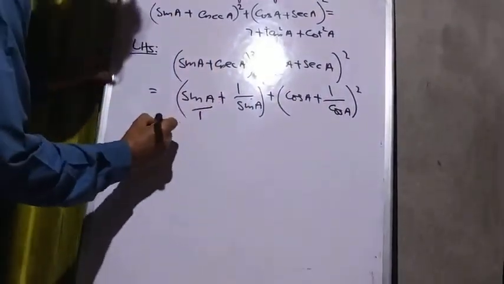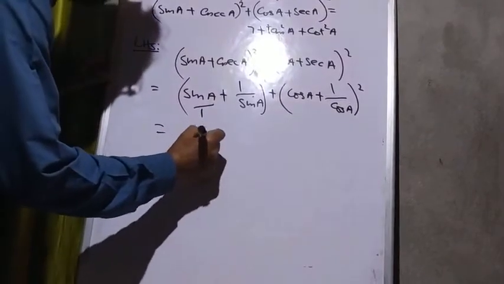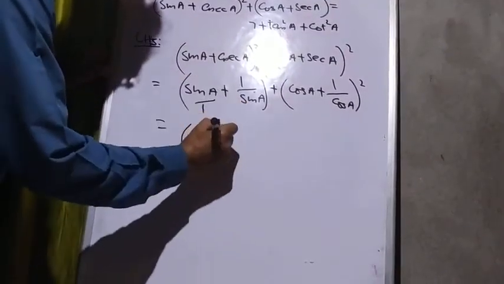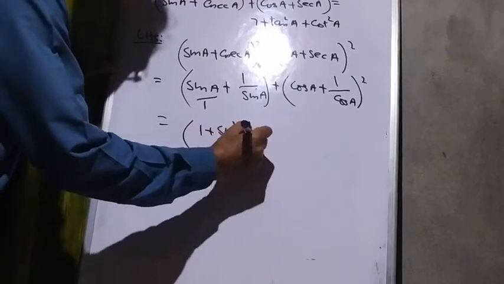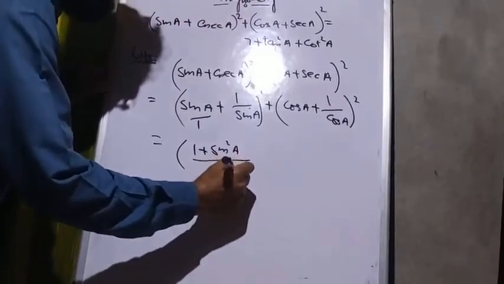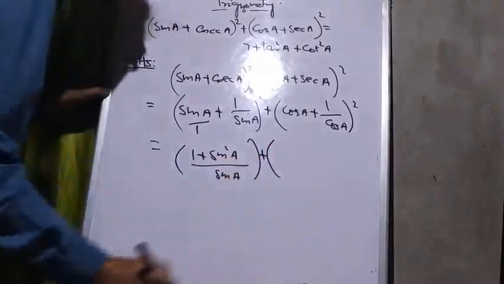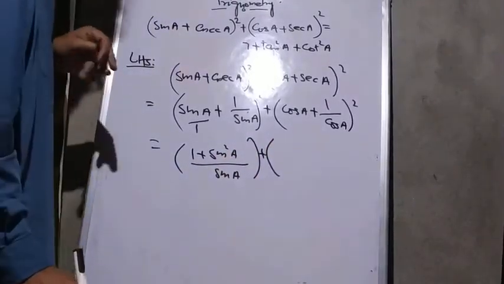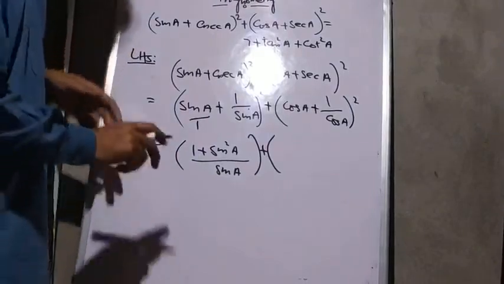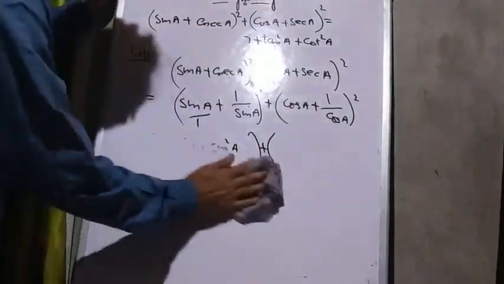Now cross multiplying here, this is 1 plus sin square A divided by sin A, or let's try in another way.